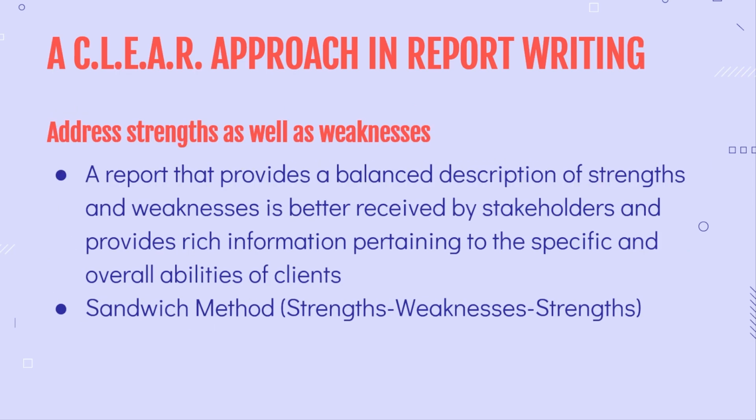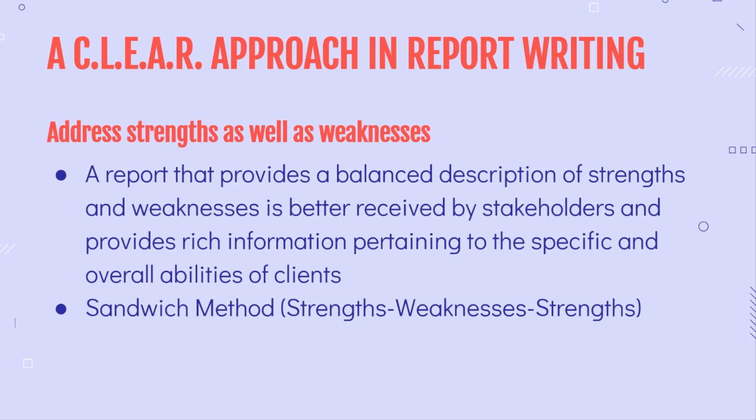So A means address strengths as well as weaknesses. When you do your summary, try to have a balance. A psych report provides a balance of descriptions of strengths and weaknesses and is better received by stakeholders and provides rich information pertaining to the specific and overall abilities of the client. So you use the sandwich method here.